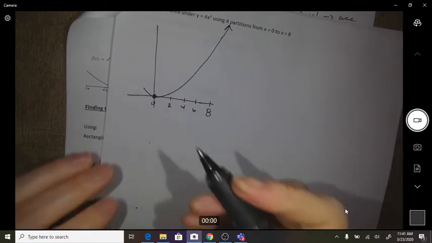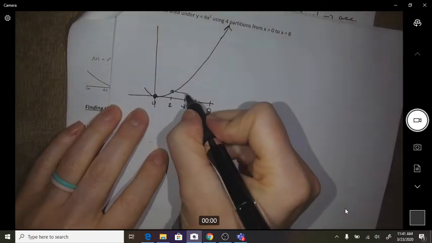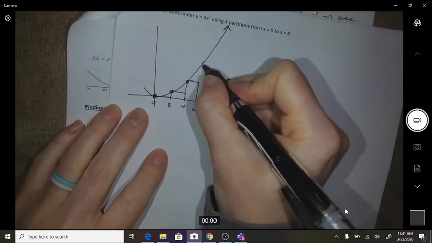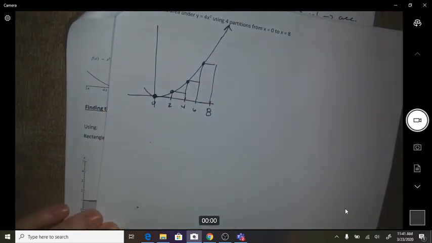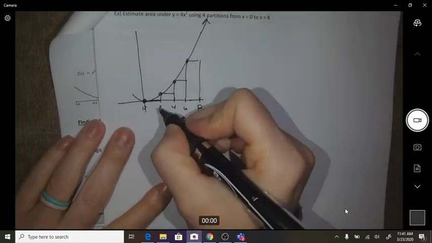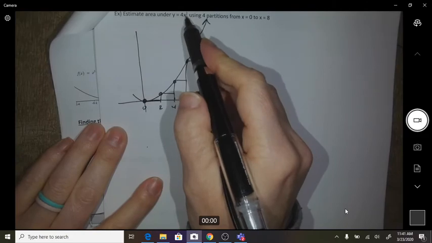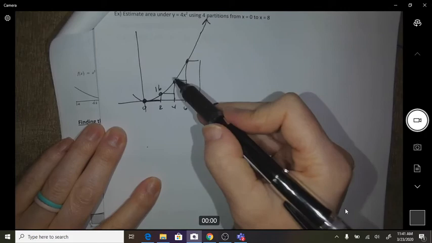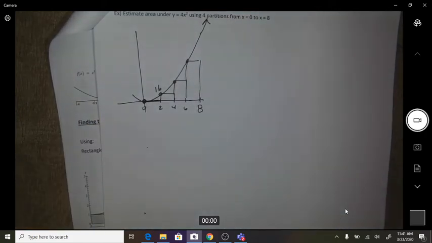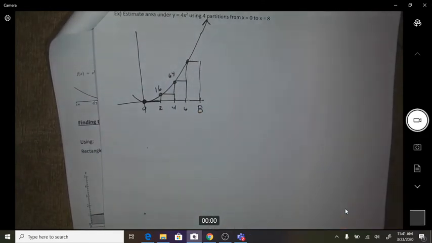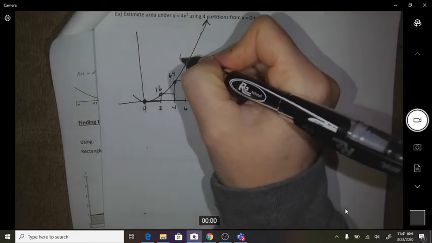So from the left-hand side, that's our underestimation. This first rectangle is just no height. 2 squared is 4 times 4, so that's 16. 4 squared is 16 times 4, which is 64. 6 squared is 36 times 4 is 144.